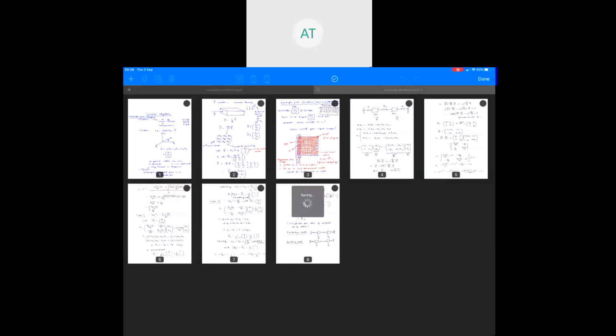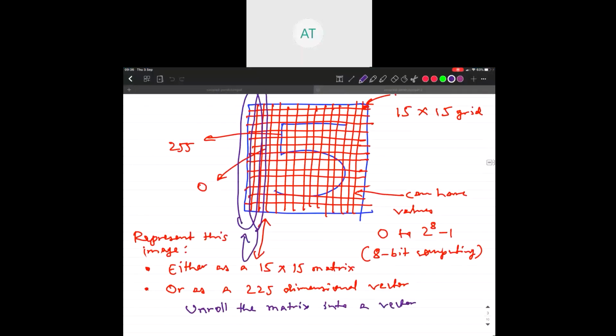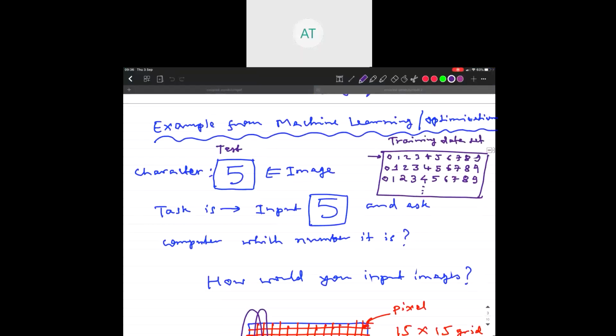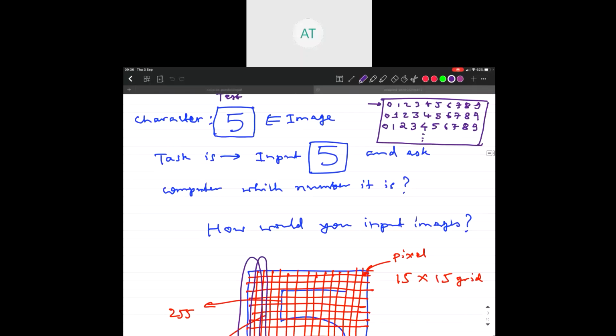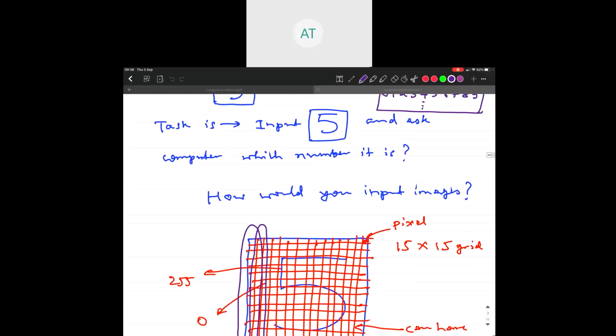Okay, so therefore, this is another place where you are requiring vectors and matrices. You could also have asked for a quantity like 0 or 1. So suppose if it is 5, the output could be 1. And if the character is not 5, then the output could be 0. So zeros or ones individually are scalar quantities.